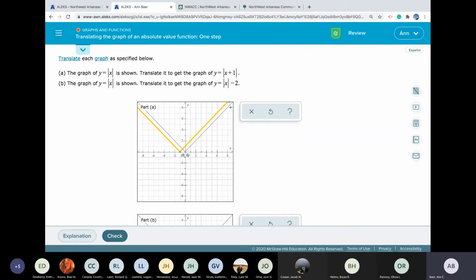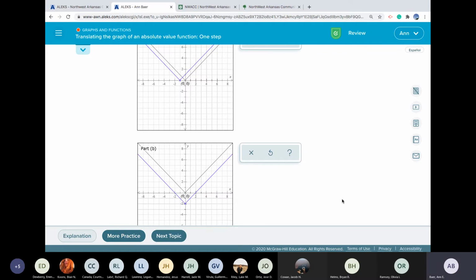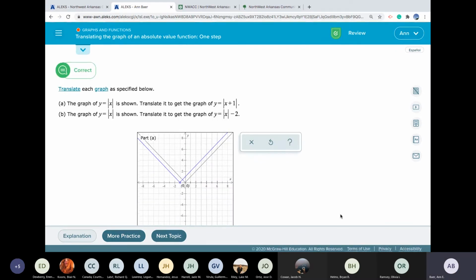Our y is -2, our x is 0, and the absolute value of 0 is 0. 0 minus 2 is -2. True statement. So check, and we got it right. Any questions on that?